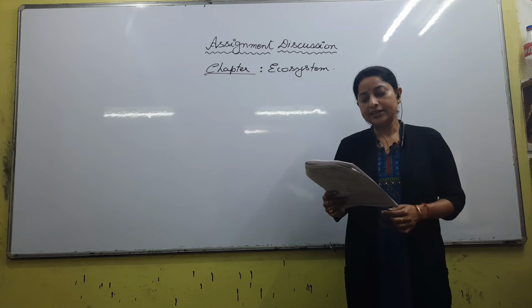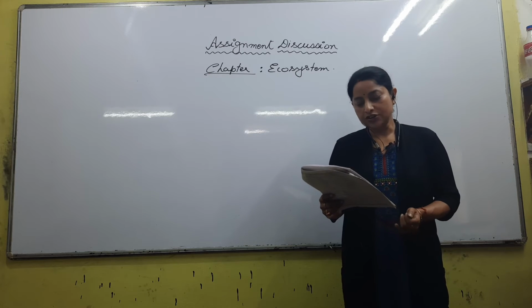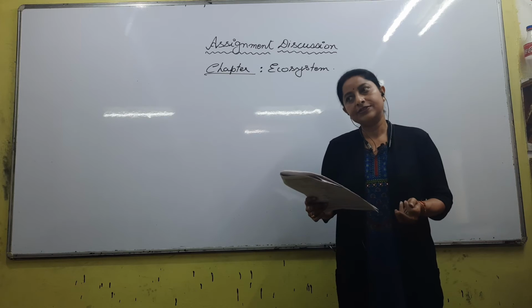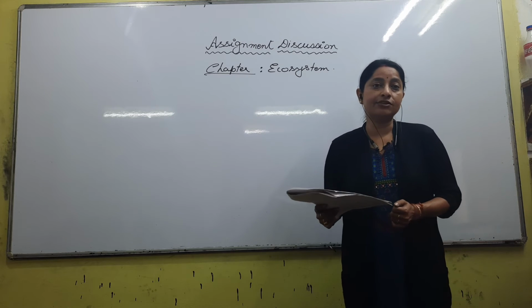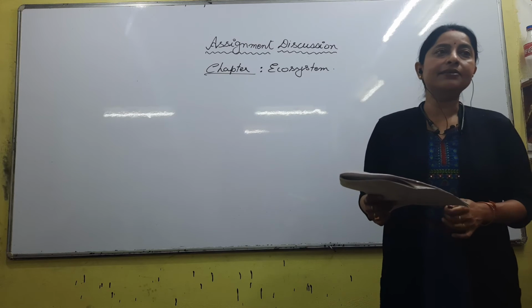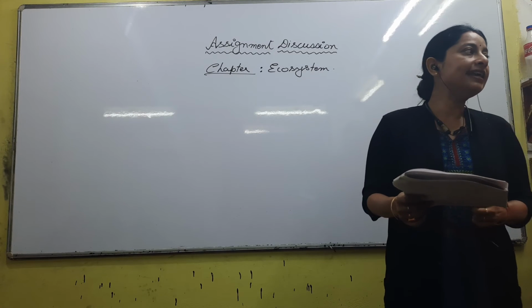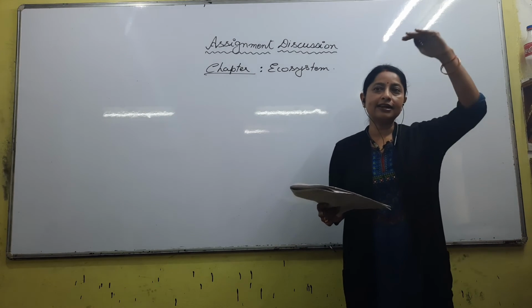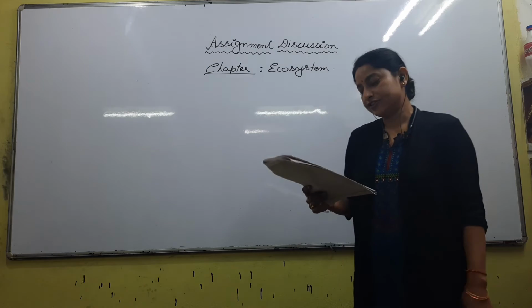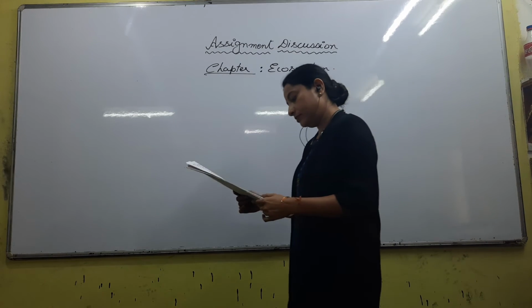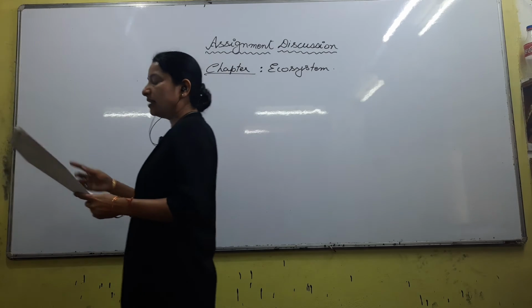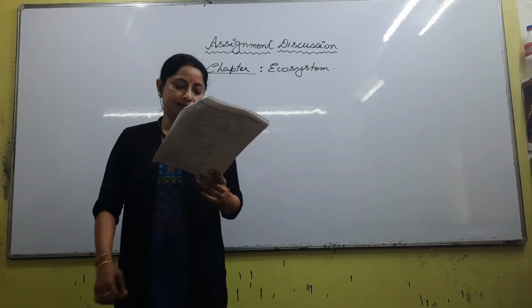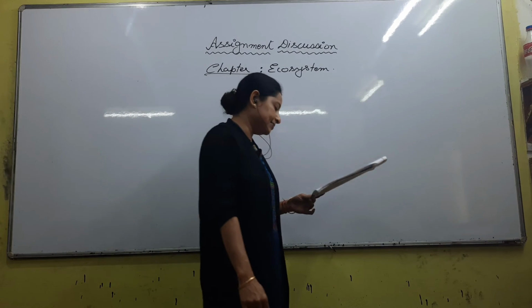Functional units are energy flow function, decomposition function, productivity function, but stratification is not a function. Stratification means arranging in layers. Strata, one strata and another above it, we call it stratification. Question number 106, food web, food chain mixed. Its answer is A.